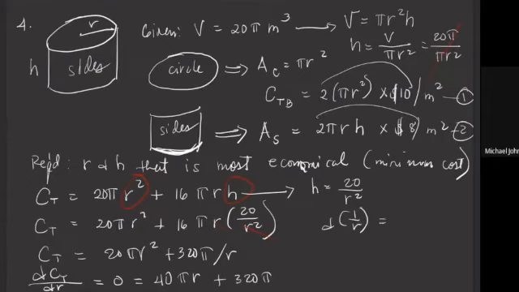We can write this as the derivative of r to the negative 1, and the derivative of that is negative 1 r to the negative 2. So what do we have? Negative 1 over r squared. Equate that to 0.